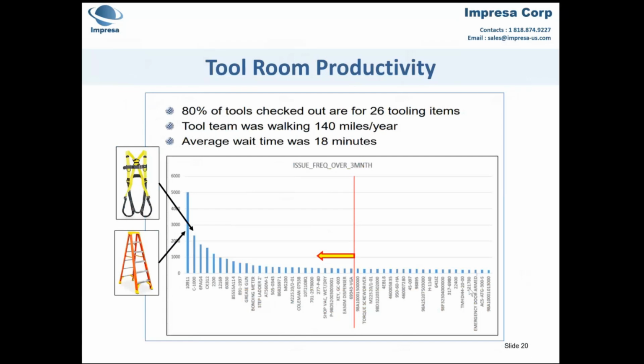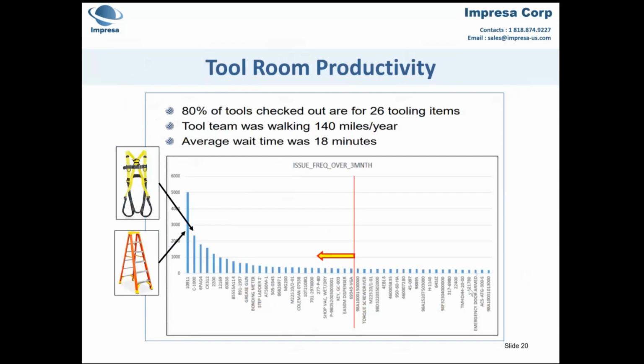At an average wait time of 18 minutes per tool, that accounts for a conservative 5,500 hours every quarter. The action they took was to revamp the tool room around tool checkout frequency. High volume tooling was placed closest to the checkout window. The customer reduced the average tool wait time by 50%, recovering an estimated 10,000 hours annually.